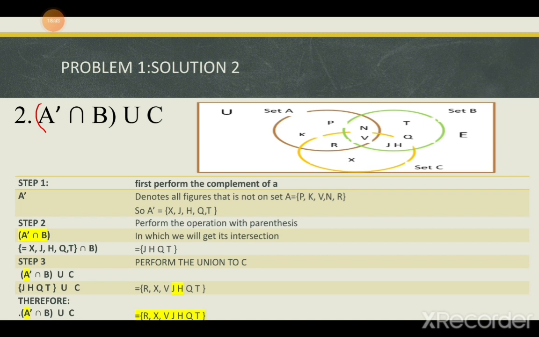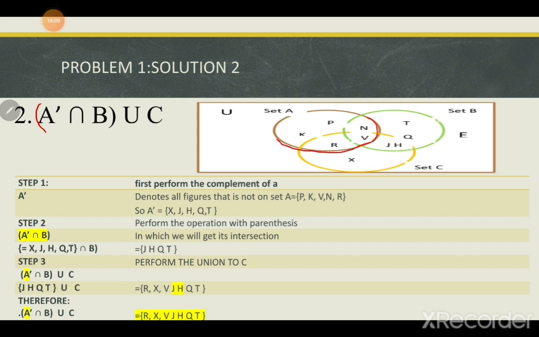Okay? If you have a universal set K, P, R, N, V, X, T, Q, J, H, and E, that is your universal set. Element pala yan. So what are your A prime? Ano yung mga wala dito sa A natin?